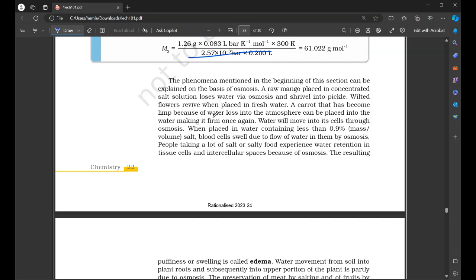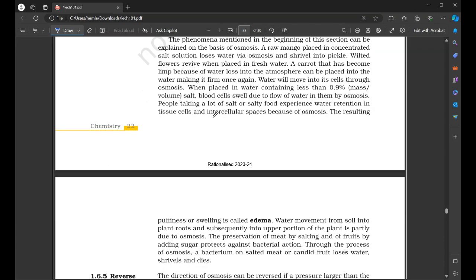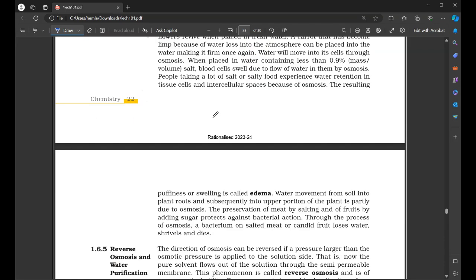When placed in water containing less than 0.9% mass by volume salt, blood cells swell due to flow of water into them by osmosis. People taking a lot of salt or salty food experience water retention in tissue cells and intercellular spaces because of osmosis. This resulting puffiness or swelling is called edema.